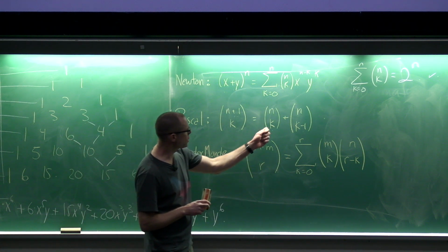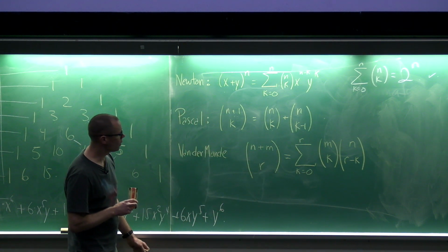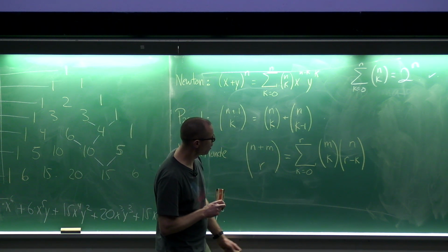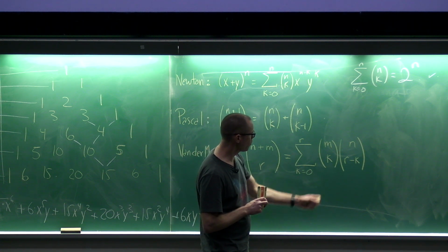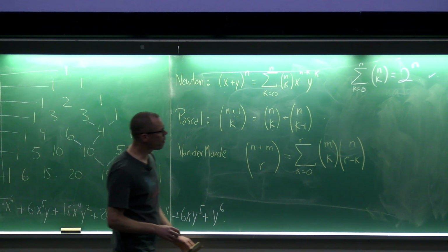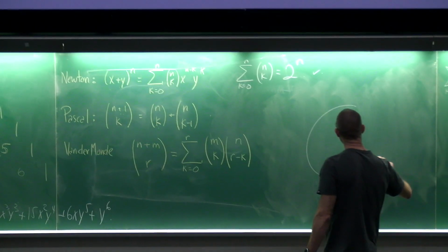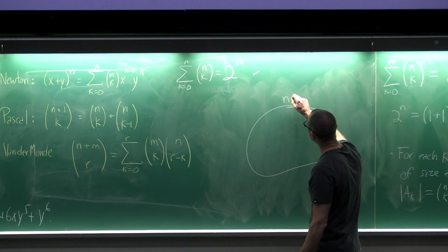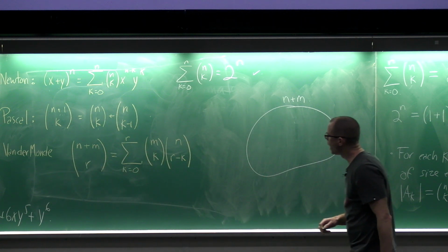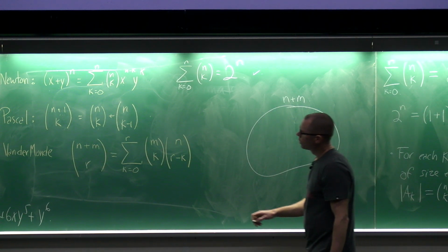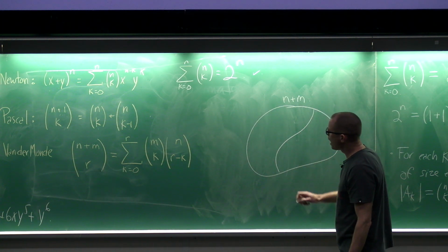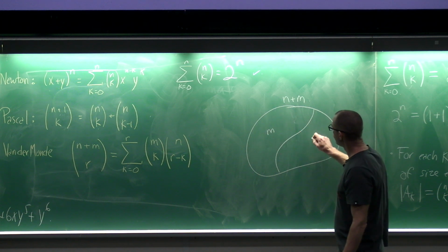Whereas Pascal only has somehow these two things, Vandermonde gets the sum, k equals 0 to r of m choose k times n choose r minus k. And you may remember that the reason that's happening is because we have this big set of size n plus m over here on the left. That's what this represents. We want to choose r elements from it. And if we look at how we can do that, well, we can color that set in two colors.